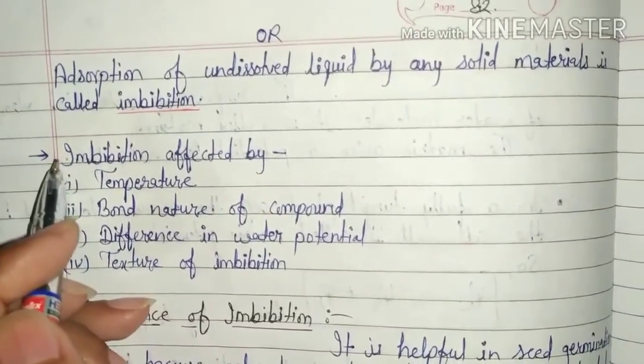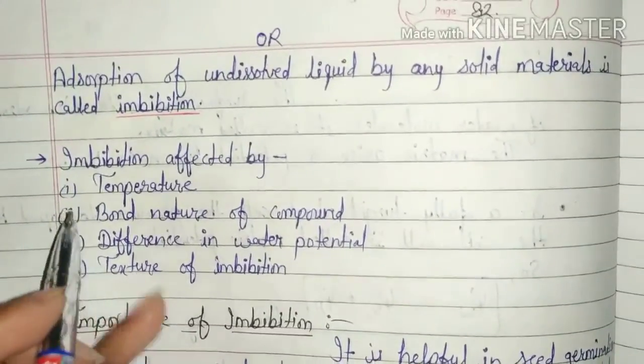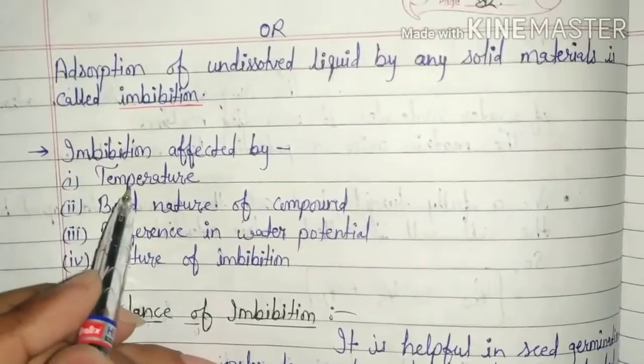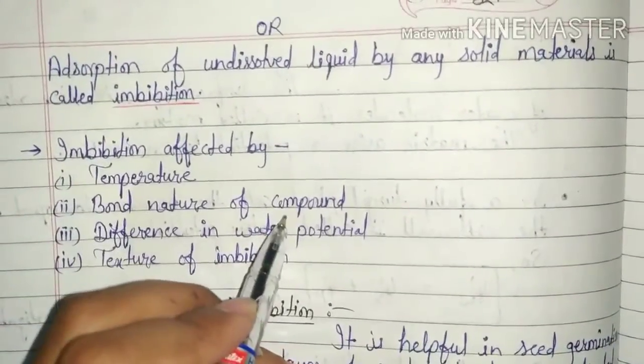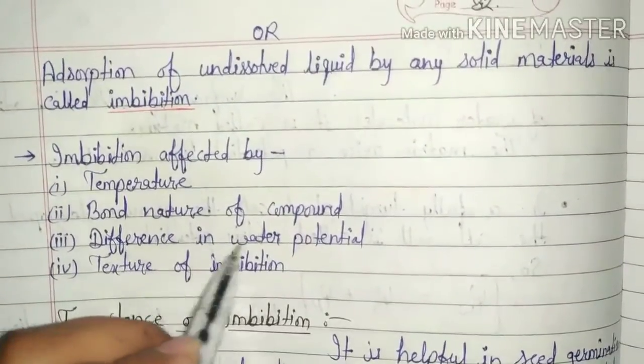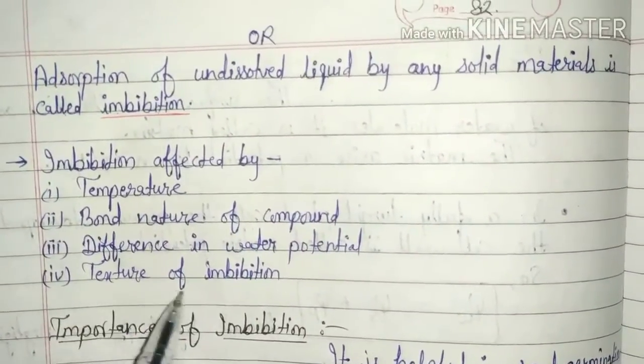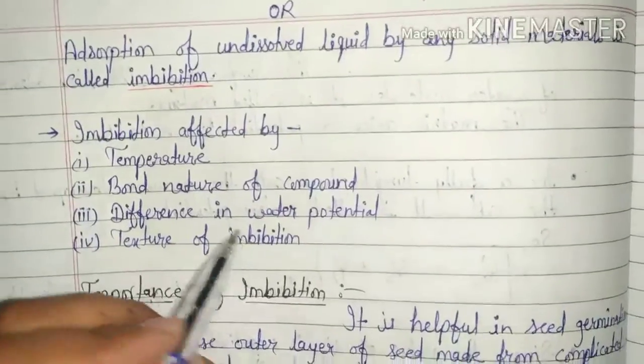The rate of imbibition is affected by the following factors like temperature, bond nature of compound, difference in water potential, and texture of imbibant.